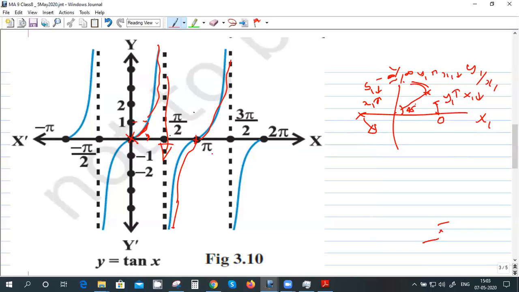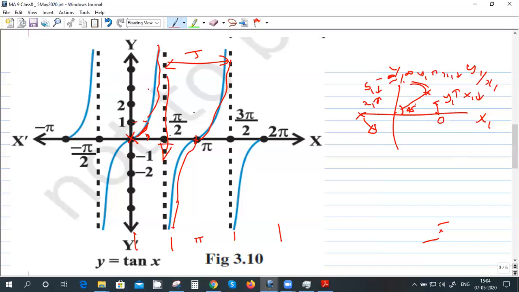So one obvious period is from 0 to 2 pi. But within 2 pi itself, it's repeating within a period of pi. This is just a period because this is the same thing that's repeating.